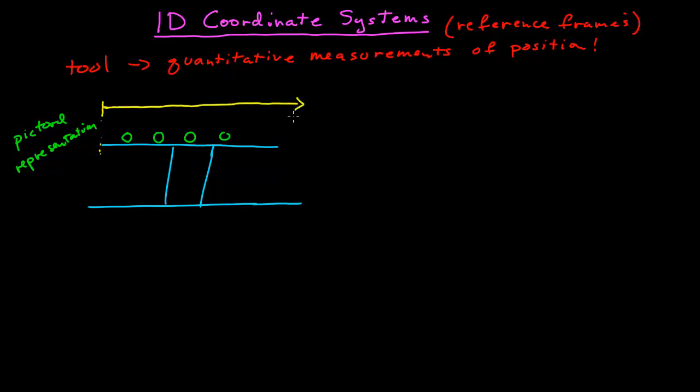I will need to identify the positive direction. And this is a measurement of position, so it has some units of position, which I'll call centimeters. The coordinate system has some measurements associated with it.